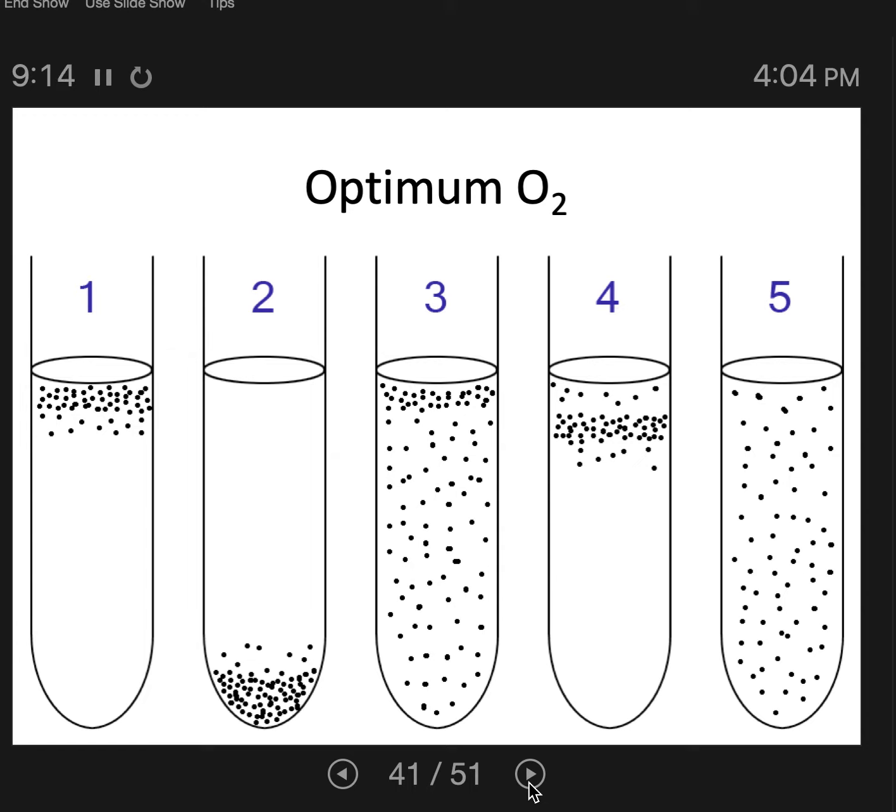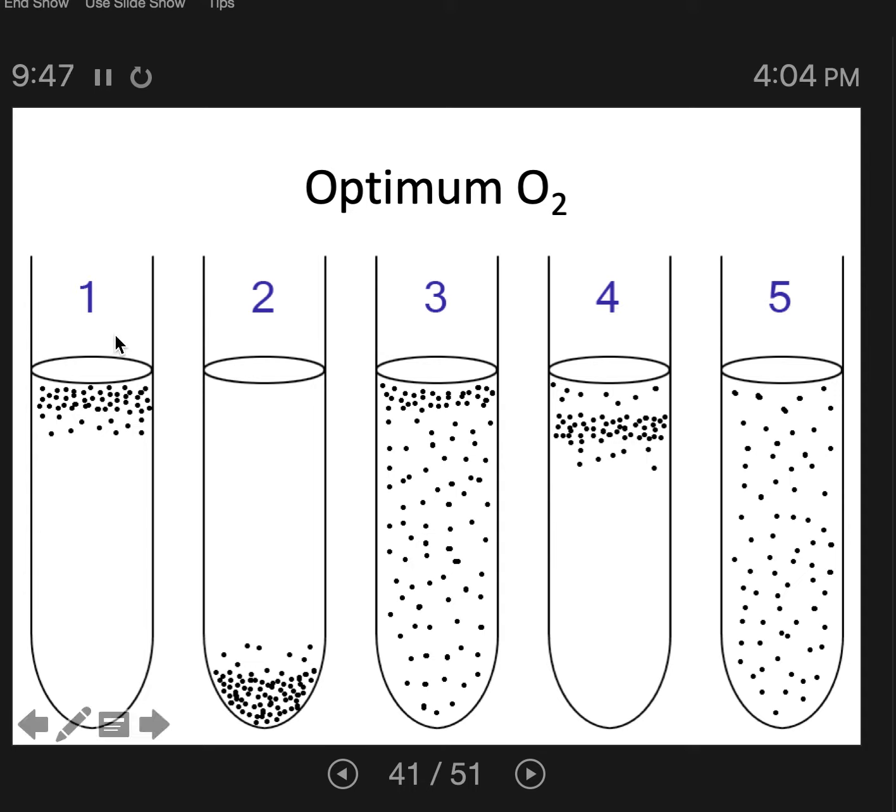All right, so any cell attempting to grow in the presence of oxygen must have enzymes that attack the dangerous forms of oxygen, the reactive oxygen species. Not all cells have these enzymes, however, and that accounts in part for the different levels of oxygen tolerance across different species. So I told you, you have to figure out, 1, whether the microbe uses oxygen or not for respiration, and 2, whether oxygen poisons the microbe or not. So keep those two categories in mind.